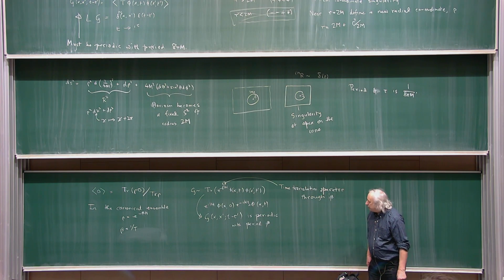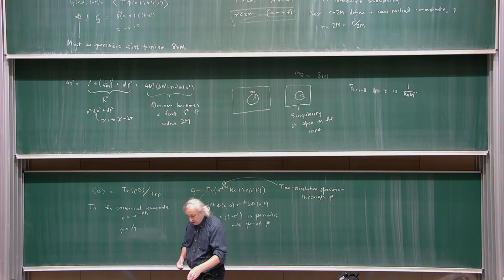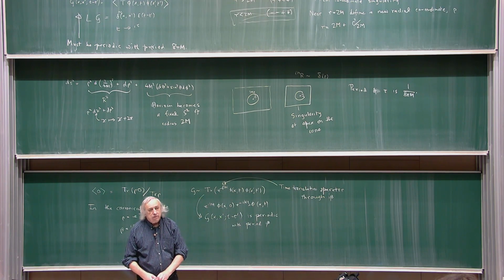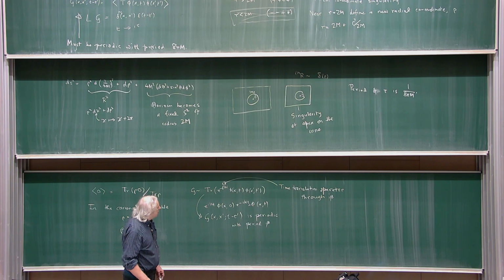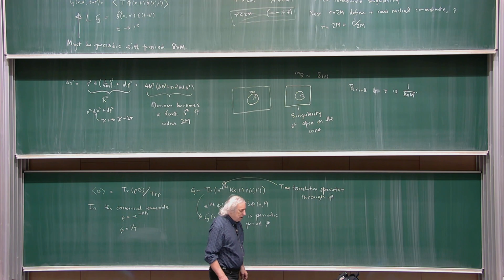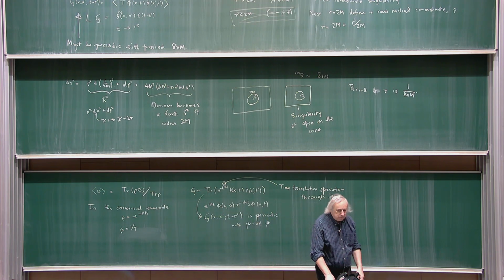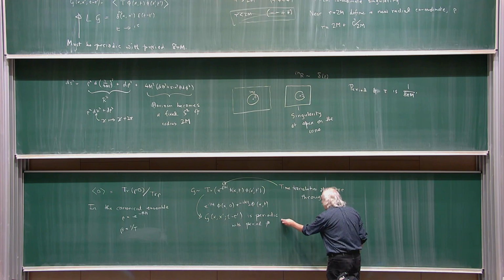So what that tells you is that if you try to look at something at non-vanishing temperature, you should expect to find the Green's functions to be periodic in imaginary time. To prove this, you just commute this thing through all the phi's and use properties of trace. This is usually called the KMS condition.